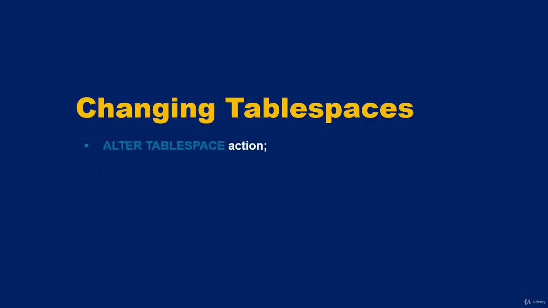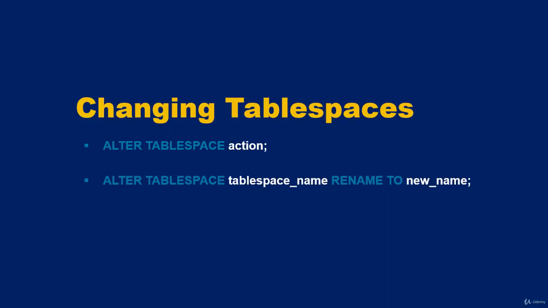Hello there. Once a table space has been created, you can change its definition by using the alter table space statement, just like this. The alter table space followed by the action.